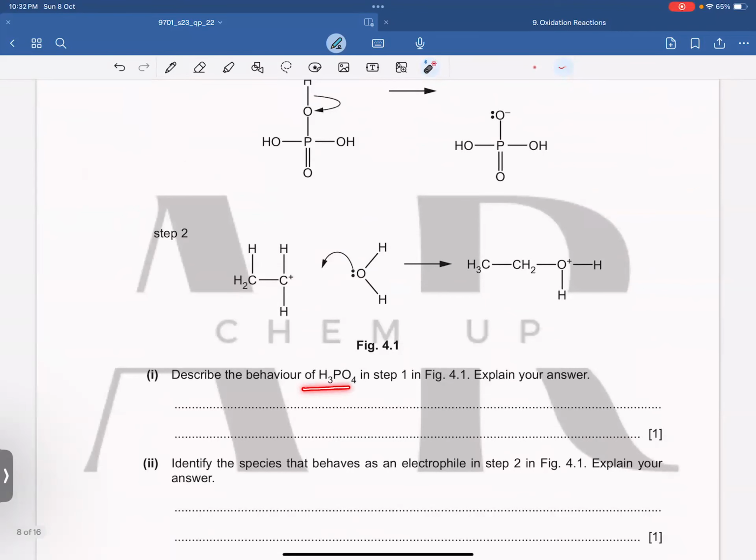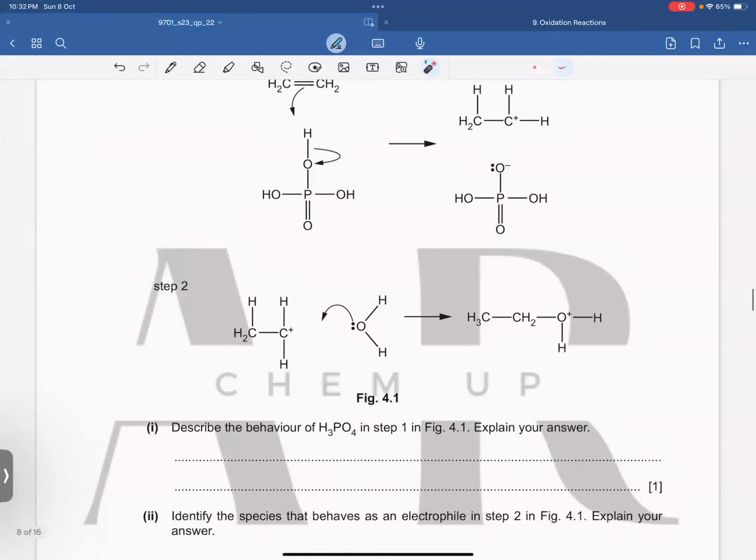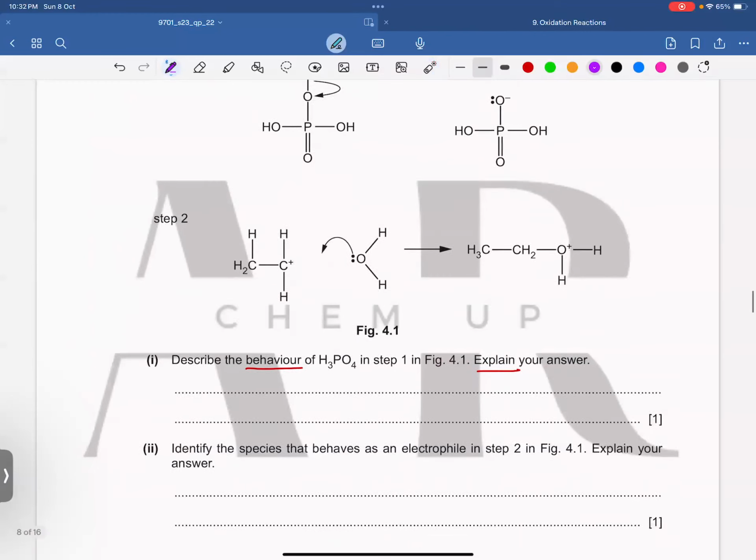Describe the behavior of H3PO4 in step 1. Explain your answer. Okay, so you have to tell the behavior and then explain the answer, right? So as you see, isn't it the one which is producing the hydrogen ion? Because it is left with this negative ion, which means it produces the hydrogen ion. So which kind of compounds form hydrogen ion?